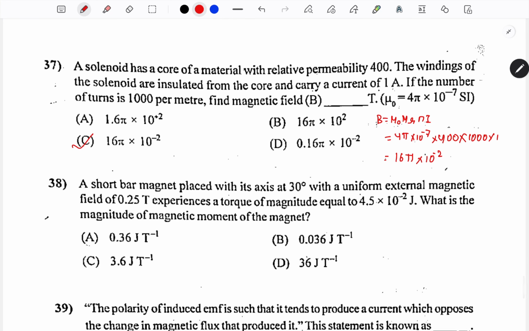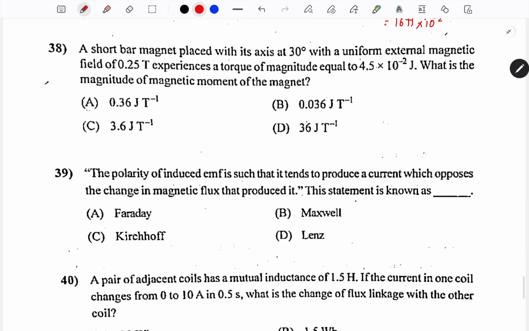A short bar magnet is placed at an angle of 30 degrees with a uniform external magnetic field of 0.25 Tesla. It experiences a torque of magnitude equal to 4.5 into 10 to the power minus 2 joule. What is the magnitude of magnetic moment of the magnet? For that we know that torque is equal to m B sine theta, and we have to find m, which is equal to torque upon B sine theta.